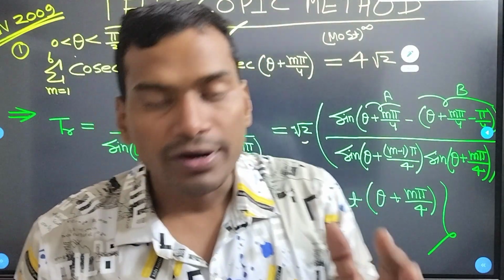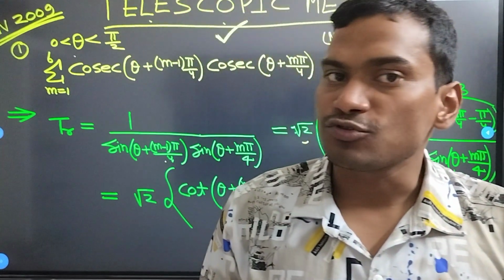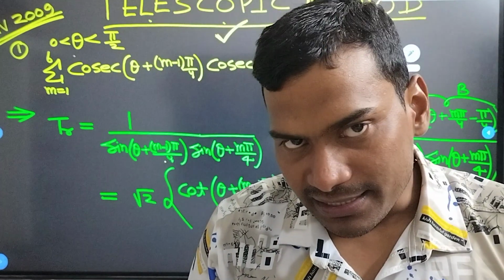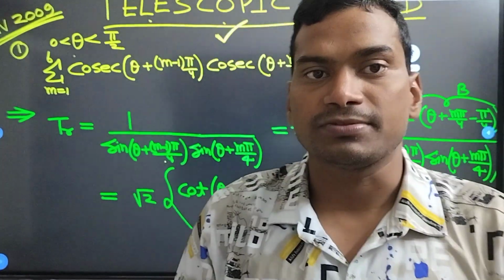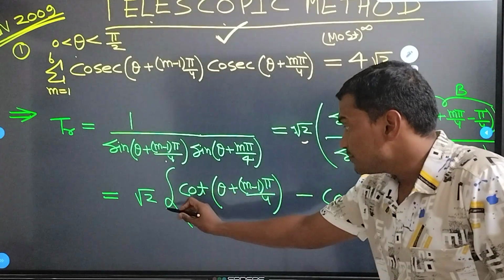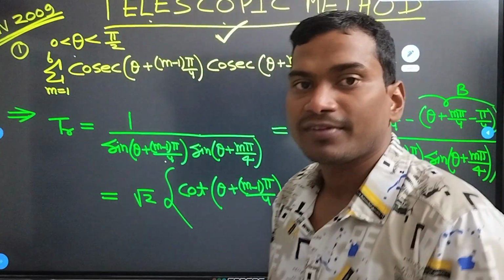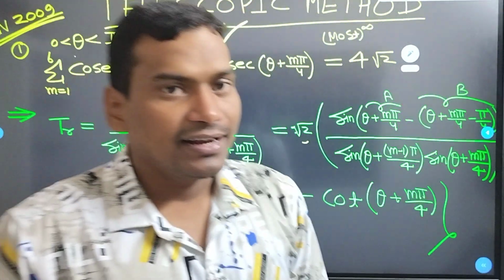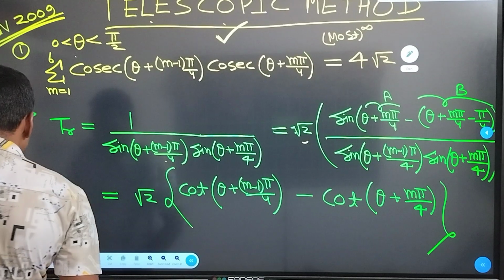Your step 1 is completed. Step 1 of telescopic method is writing the general term and reducing it as the difference of two terms. So writing the general term, we have reduced it as the difference of two terms. Simple. Right. Now we go ahead. Now we go to the next page.